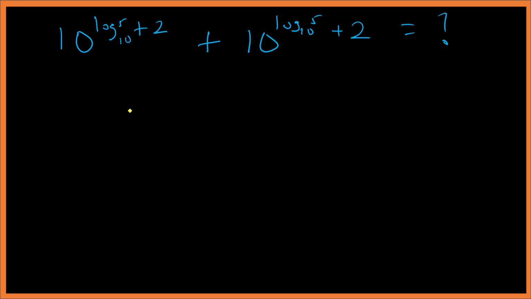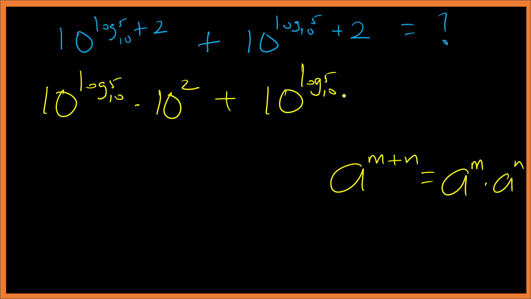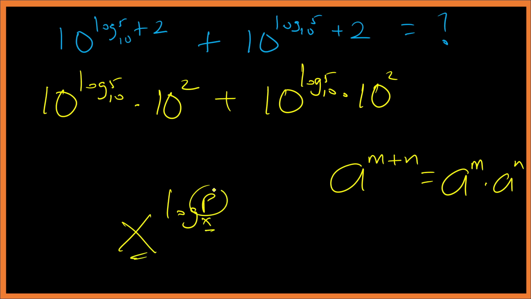Now when we're given a to the power m plus n, that is the same as a to the power m times a to the power n. So this side will be 10 raised to log 5 base 10 times 10 raised to 2, plus the same thing here. Now when we're given x raised to log p to base x, the answer is p.